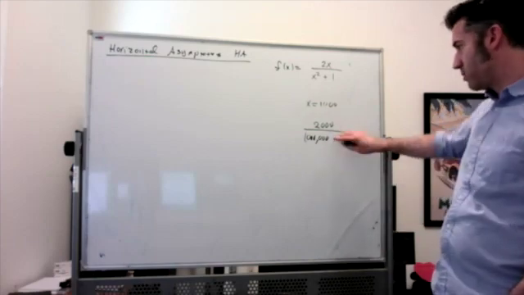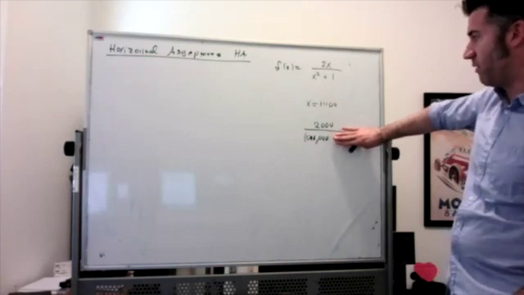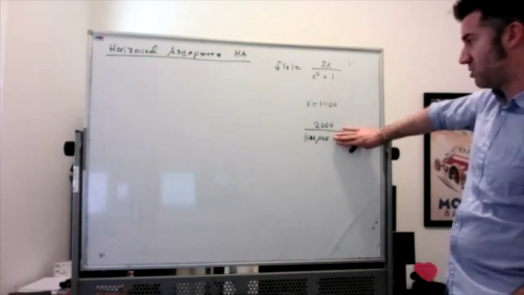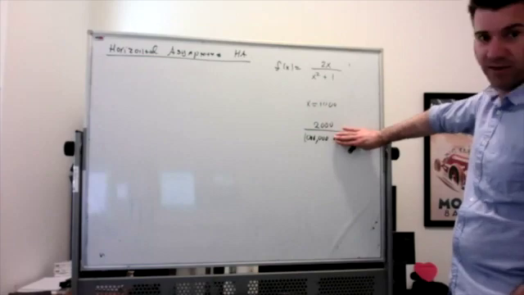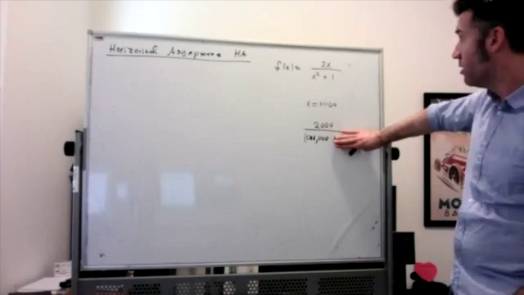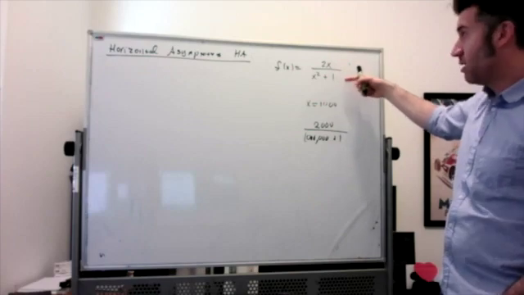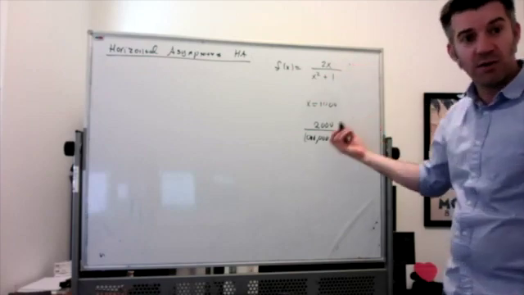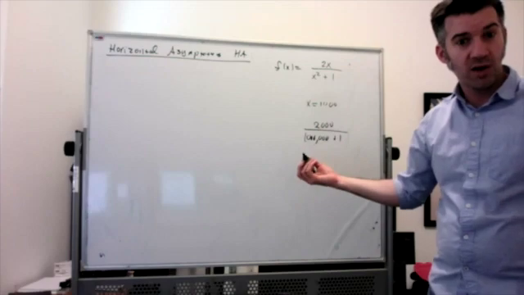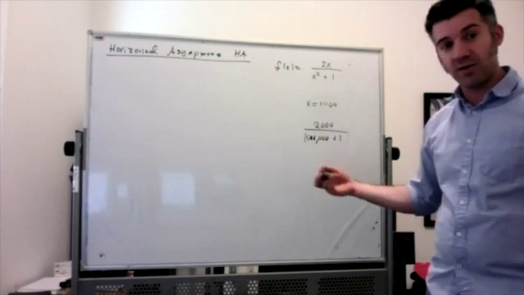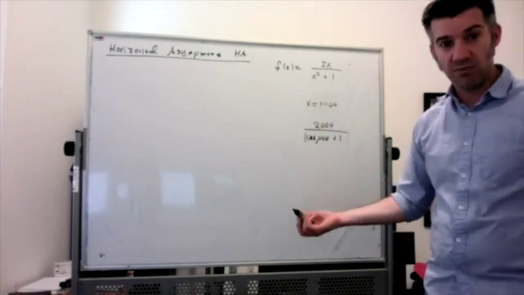Disregard the 1 for a second. It's essentially just 2,000 over 1,000,000, which is 2 over 1,000, which is 1/500th. So when the degree on top is less than on the bottom, the fraction is going to get very, very small as x gets very, very large, which means the function values are going to get closer and closer to 0.